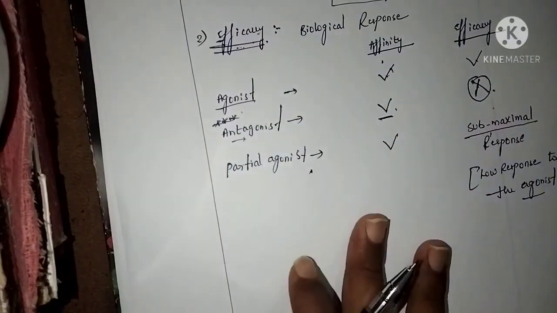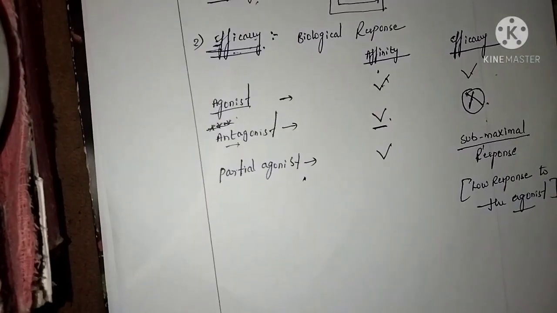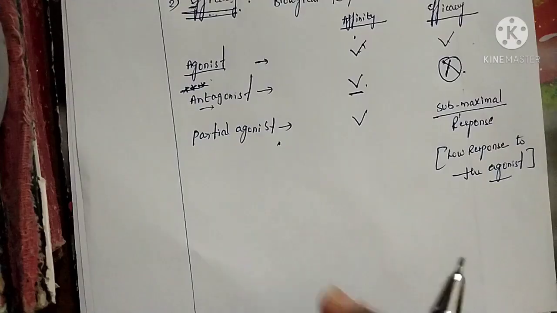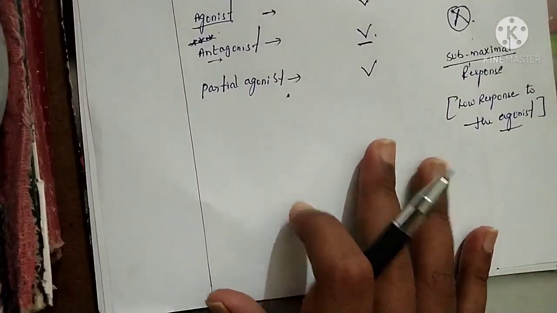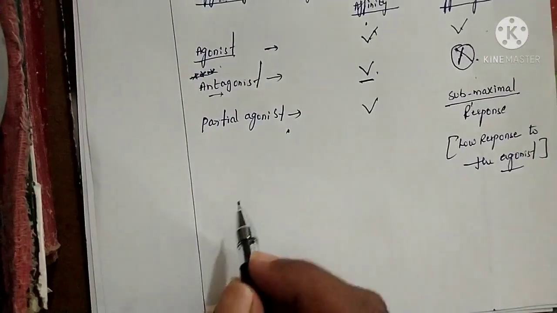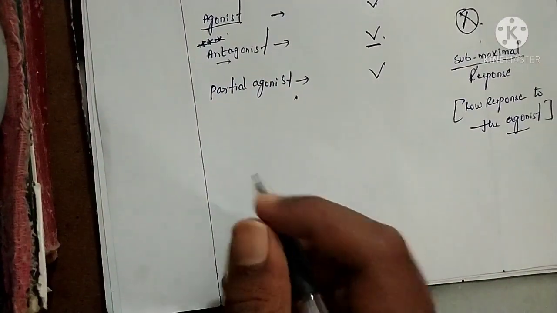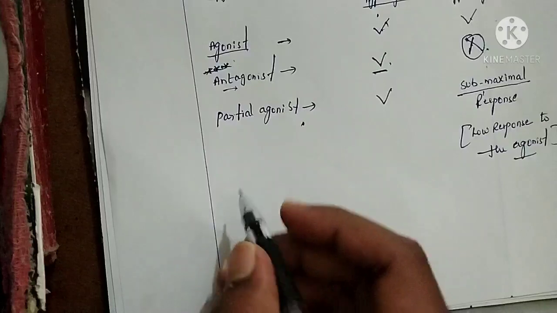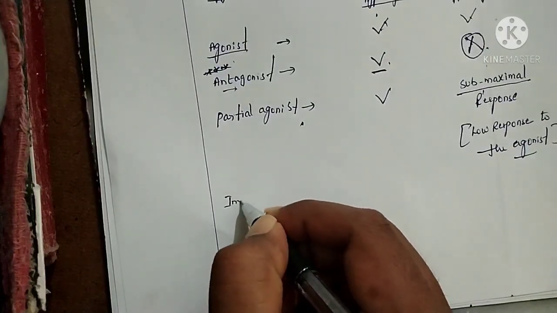Now coming to the partial agonist. After partial agonist, what is inverse agonist?